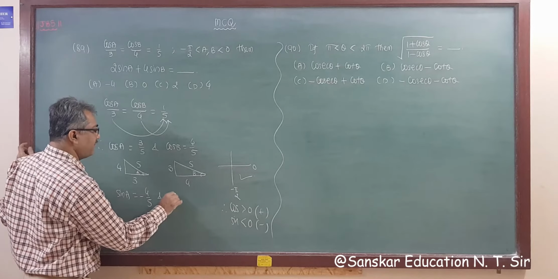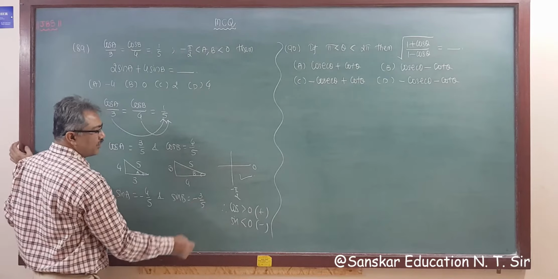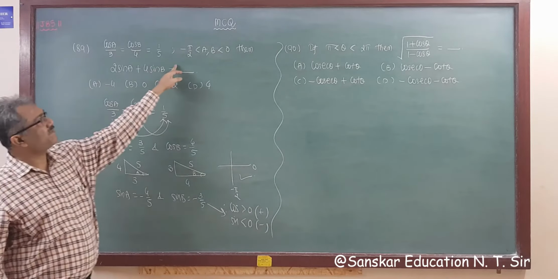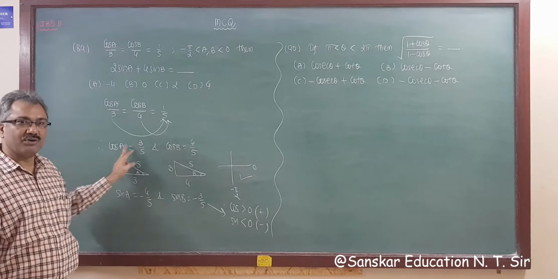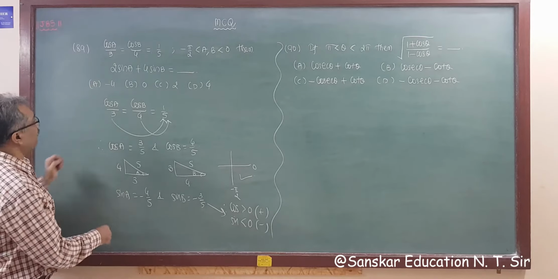And sin B from here is also negative, minus 3 by 5, due to the 4th quadrant. Minus pi by 2 to 0, sin is negative, cos is positive. Now substitute the values here.